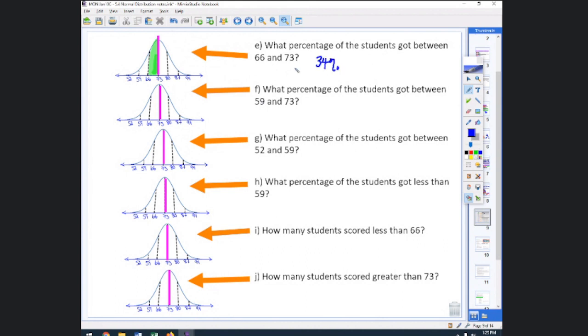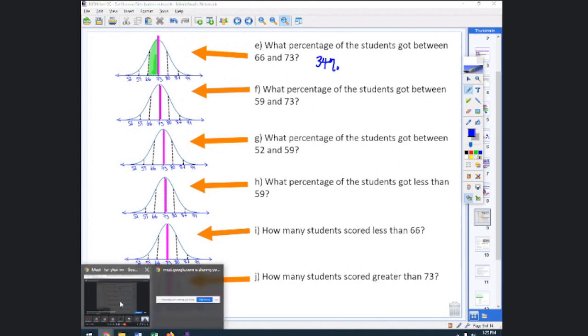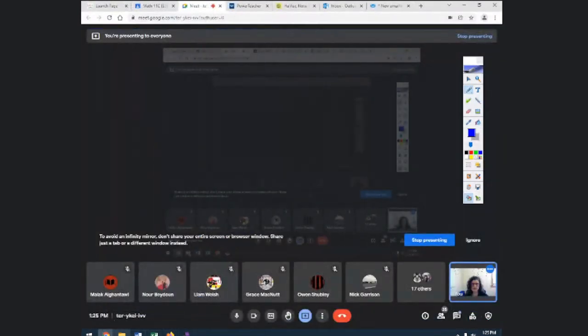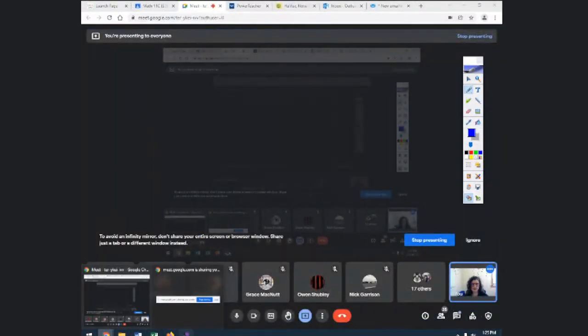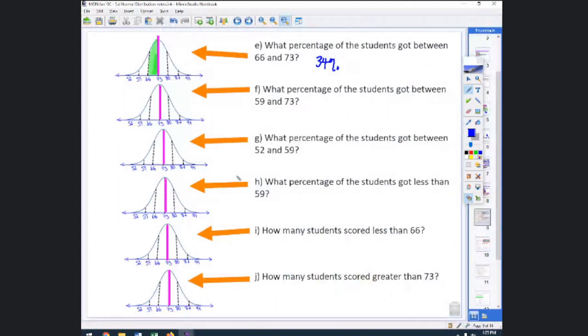So I know this is within one standard deviation total, but I'm only looking between 66 and 73. Okay, so I'll give you a chance to try those. I'll leave them up on the screen so you can see them. Oh, just let me go back here, sorry. I'll just leave those up for a moment so you can do those.